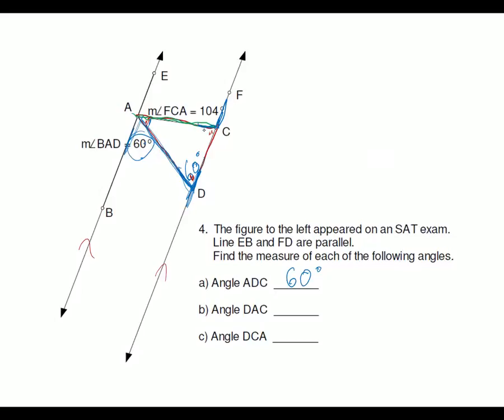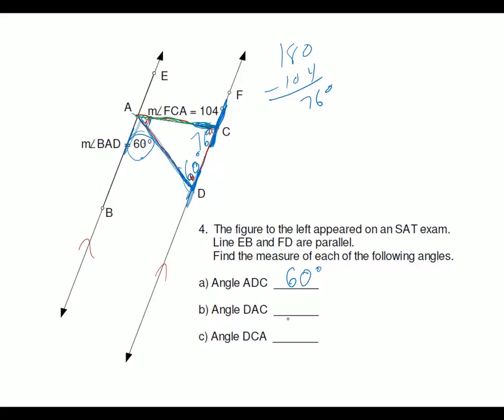Now we have to be able to see that this is a linear pair with this angle that we're trying to find in part C, DCA, and therefore they have to be supplementary because they are a linear pair. They share one side and their other sides are opposite rays of each other. So 180 minus 104 is 76 degrees. All right, so now I know that that one's 76 degrees.